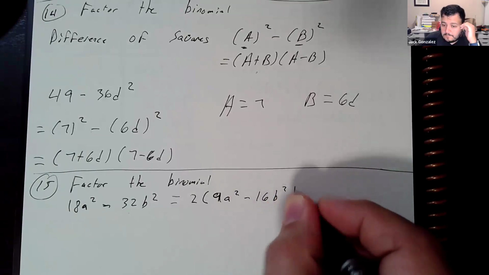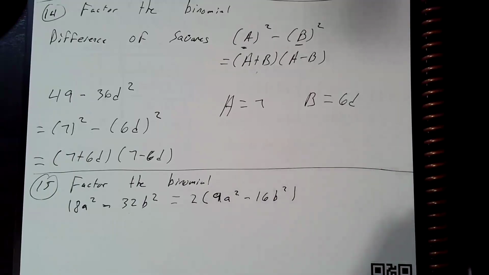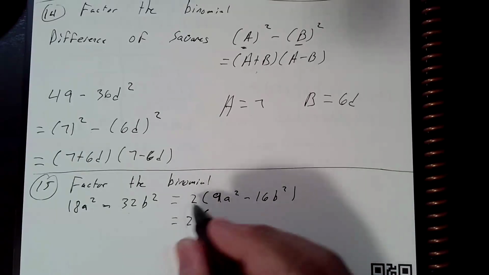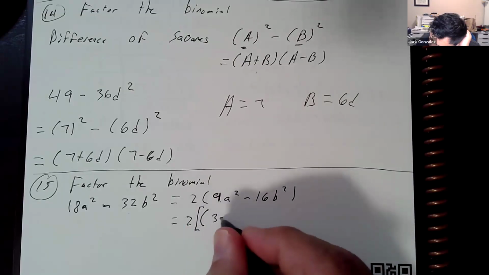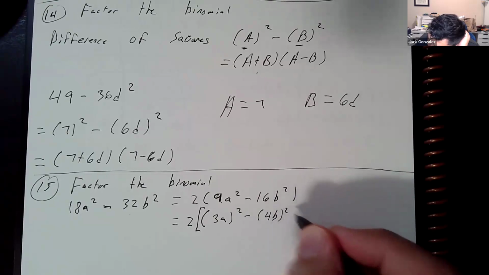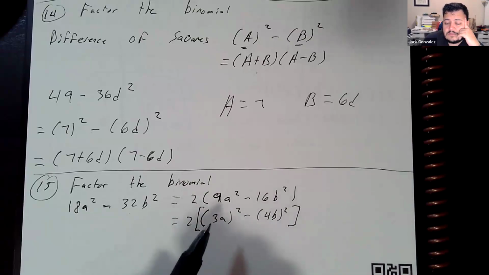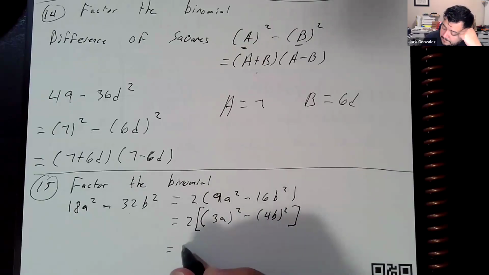16b squared. All right, so now rewrite them. This 2 is just going to hang out. That's 3a squared minus 4b squared. Put the brackets just so I can show you that this is something squared minus something else squared. Apply your formula.